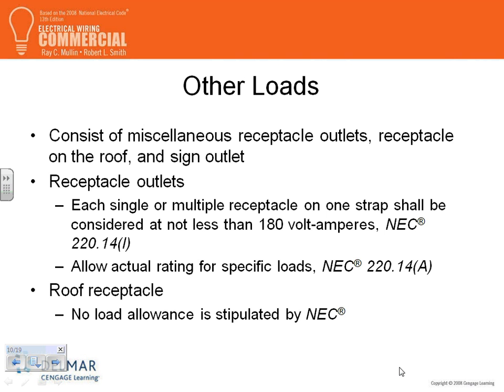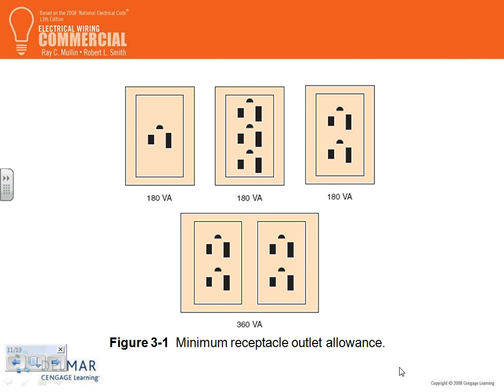Receptacles, we talked about, guys, finding all the receptacles and applying the rules for them. 180 if it's a single, and this is 360. Quads are 360, right? And we talked about this one. So assign it. Most of the time, guys, you're in a commercial building.